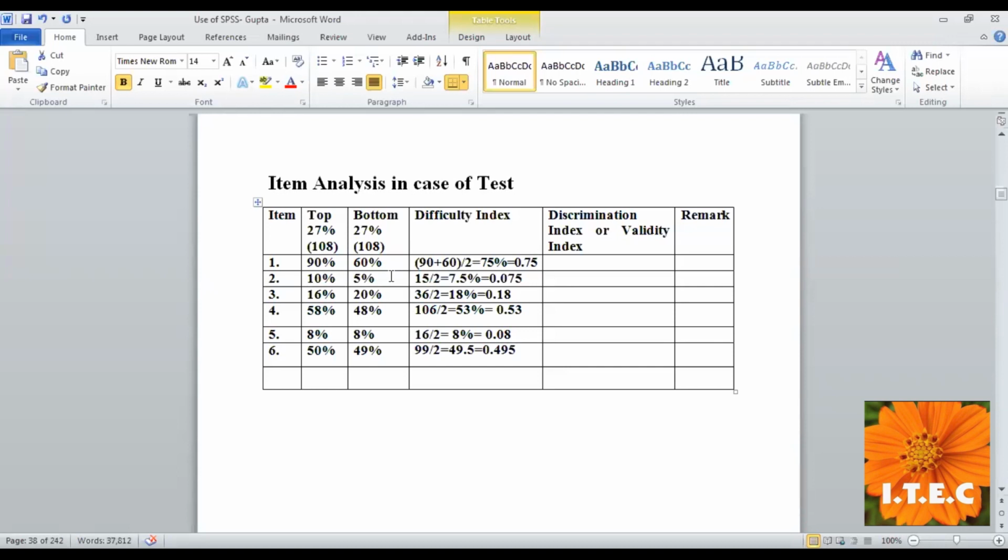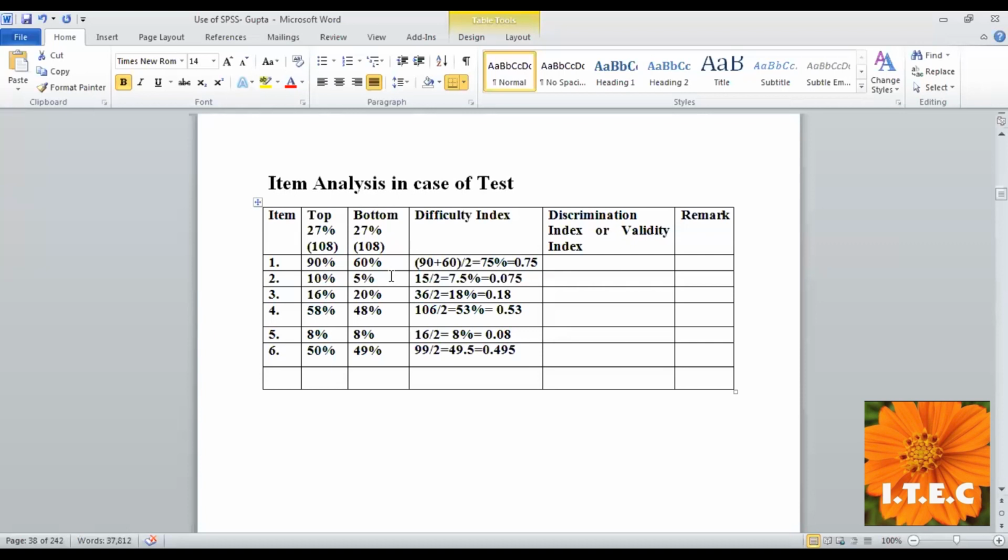So you have to take the average of the top 27 and bottom 27. Those people who have given the correct answer on question number 1, from the top, their percentage, and those people from the bottom who have given the correct answer, you have to find out their percentages.